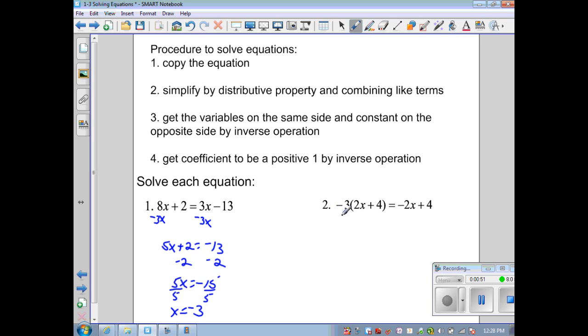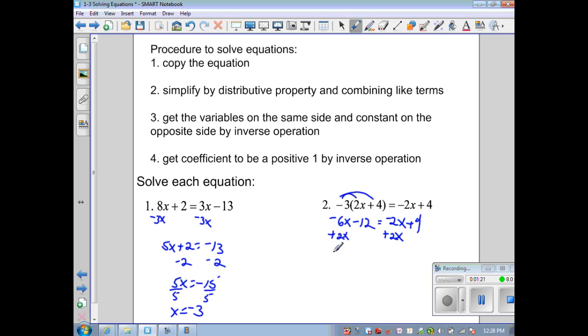Example 2. A negative 3 times the quantity of 2x plus 4 equals a negative 2x plus 4. We want to copy that problem. Then we want to simplify by distributive property. That gives me a negative 6x minus 12 equals a negative 2x plus 4. Get the variables on the same side. Again, I'm going to move my 2x over to the left by adding 2x since it's negative. That's inverse operation.